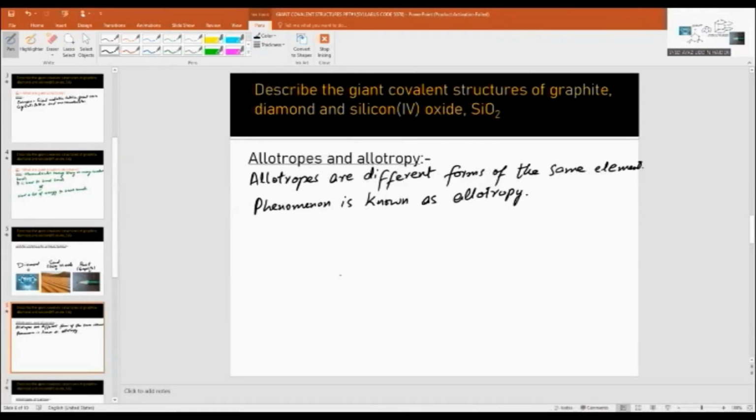Allotropes have different arrangements of atoms in them.